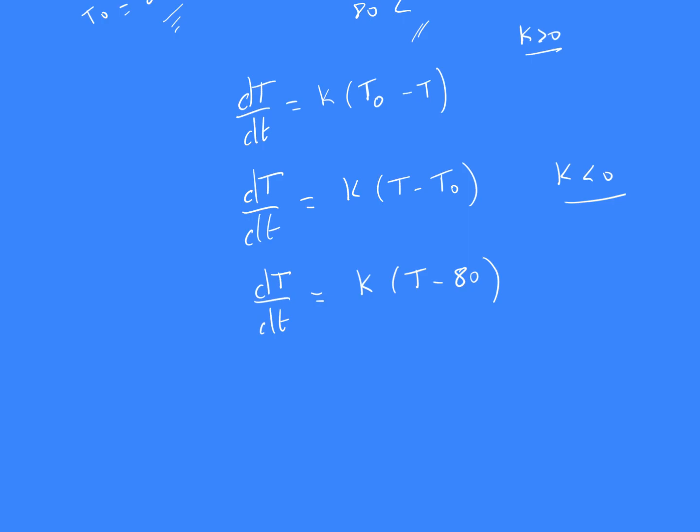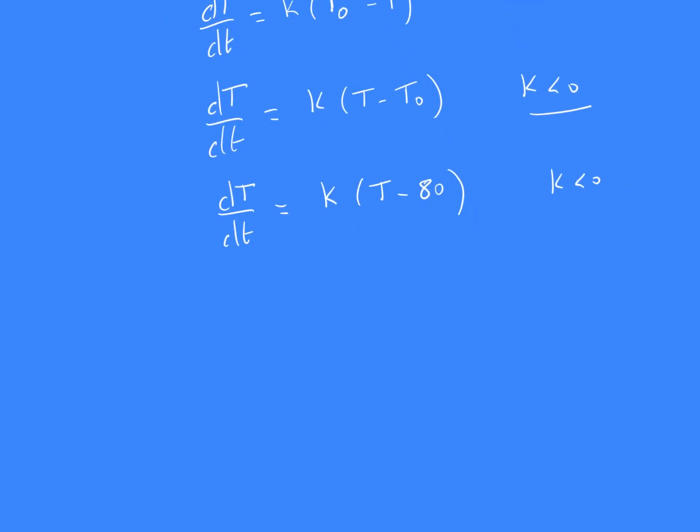And the object is changing its temperature because k is negative, and T initial is 1500, so T minus 80 is positive. But the k is negative, so this is negative. So the slope will be negative. And now I have to solve this equation. How do we solve this equation? You know.